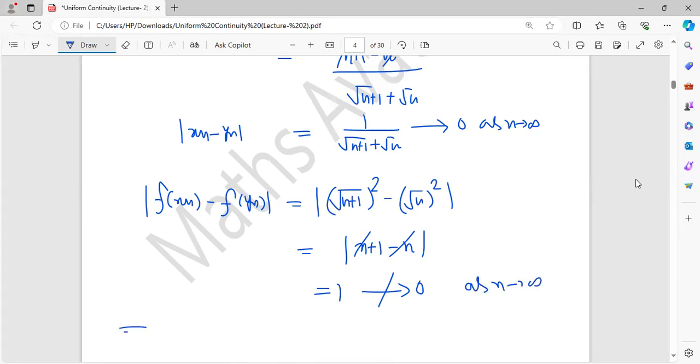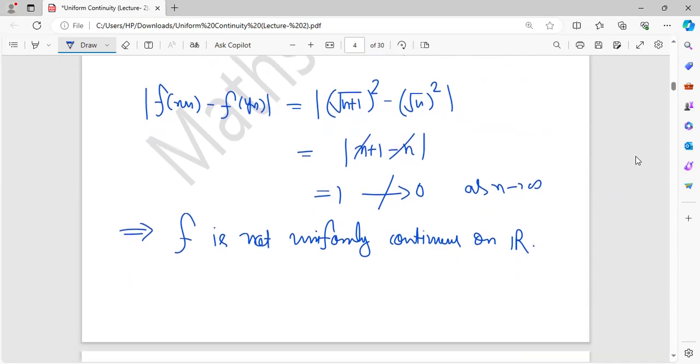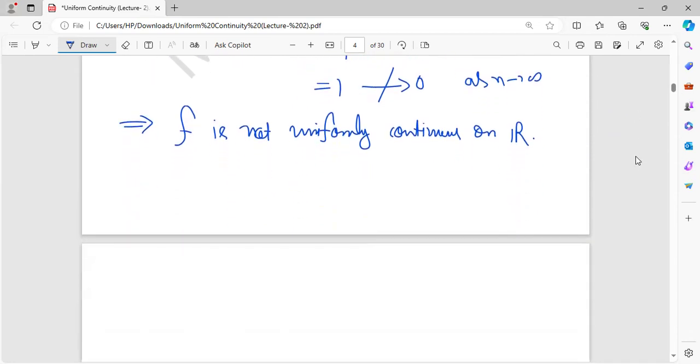So this implies f is not uniformly continuous on R. Okay, f is not uniformly continuous on R.